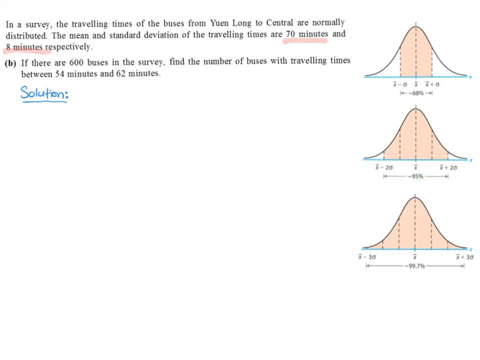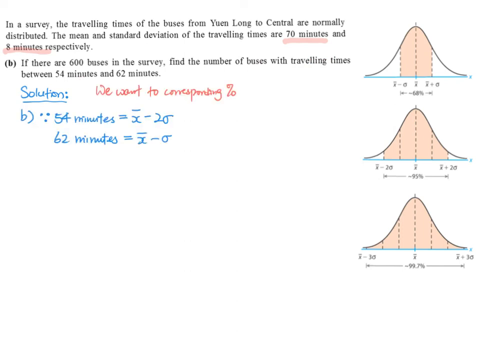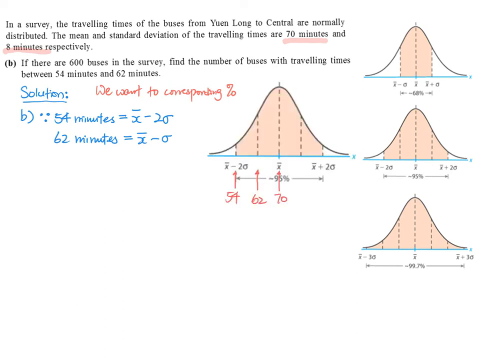Now part B, if there are 600 buses in total, how many buses have traveling times between 54 and 62 minutes? Of course, we still want the corresponding percentage. And we know 54 minutes is 2 standard deviations below the mean, and 62 is 1 standard deviation below the mean. So by recognizing the graph here, this is the portion that we wanted.